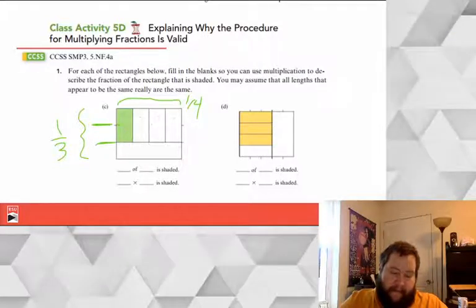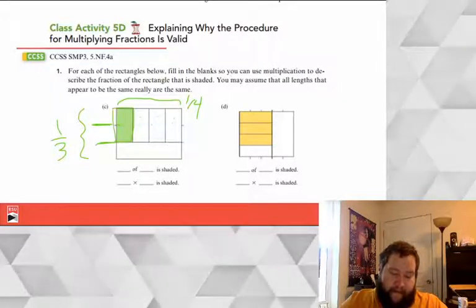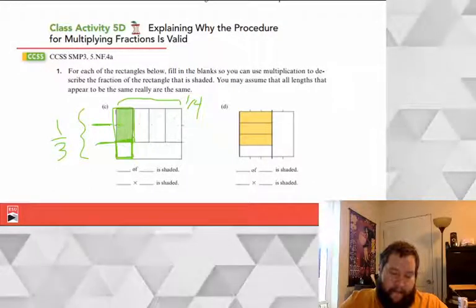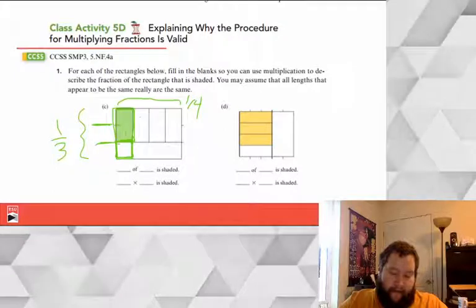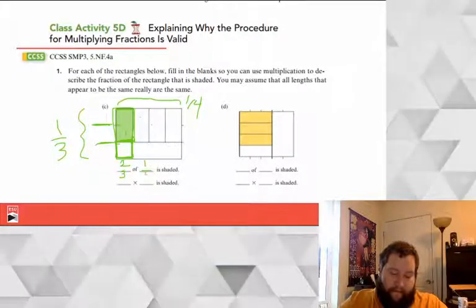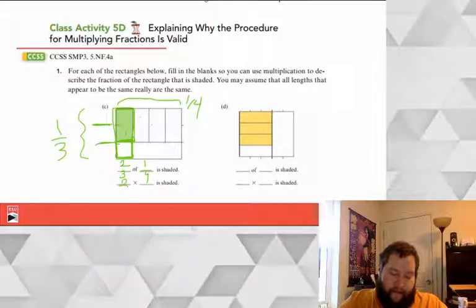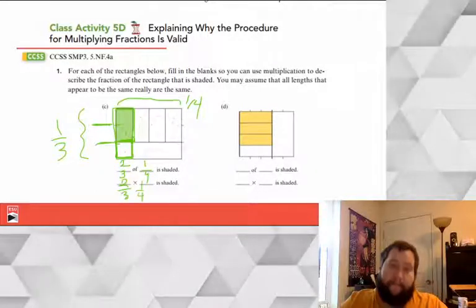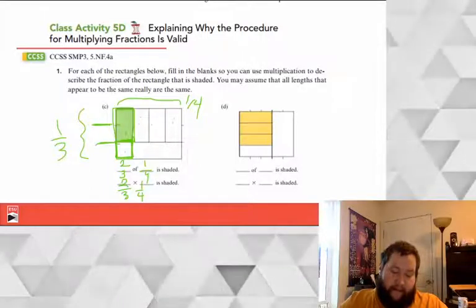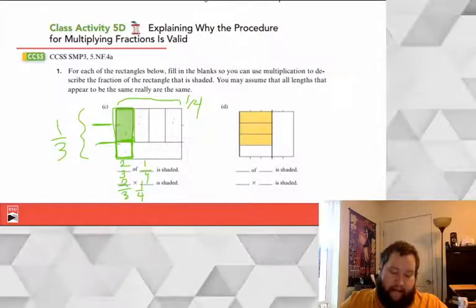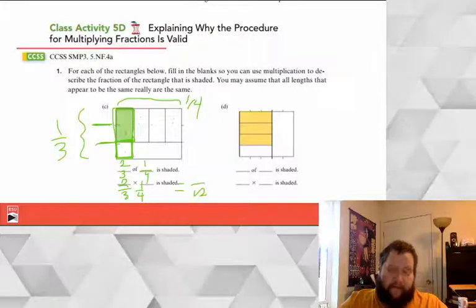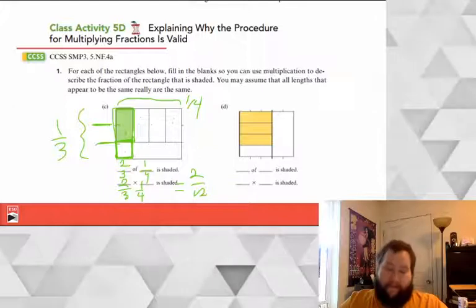And now this piece, compared to this piece, is 1, 2 of 1, 2, 3. So we have 2/3 of a quarter. So 2/3 times 1/4 means that we would have 1, 2, 3, 4, 5, 6, 7, 8, 9, 10, 11, 12 pieces, and we have 2 of them shaded, 2/12.